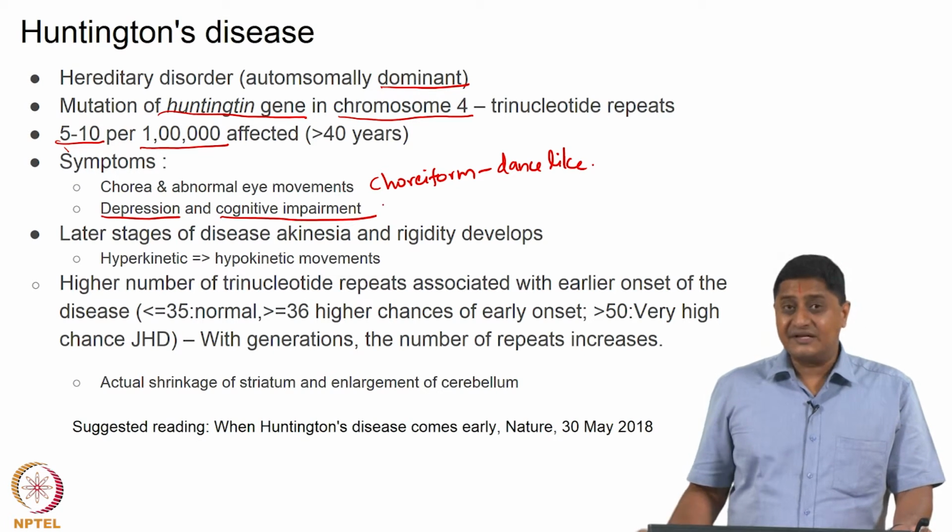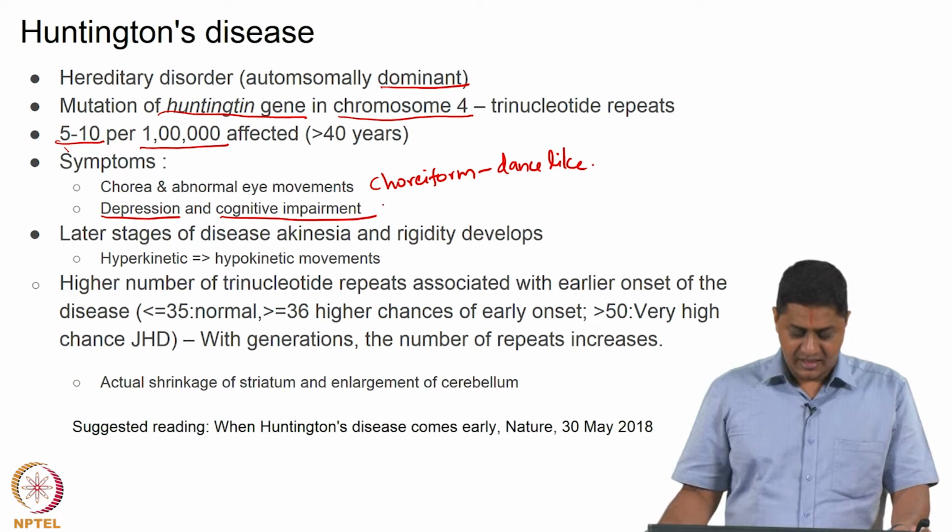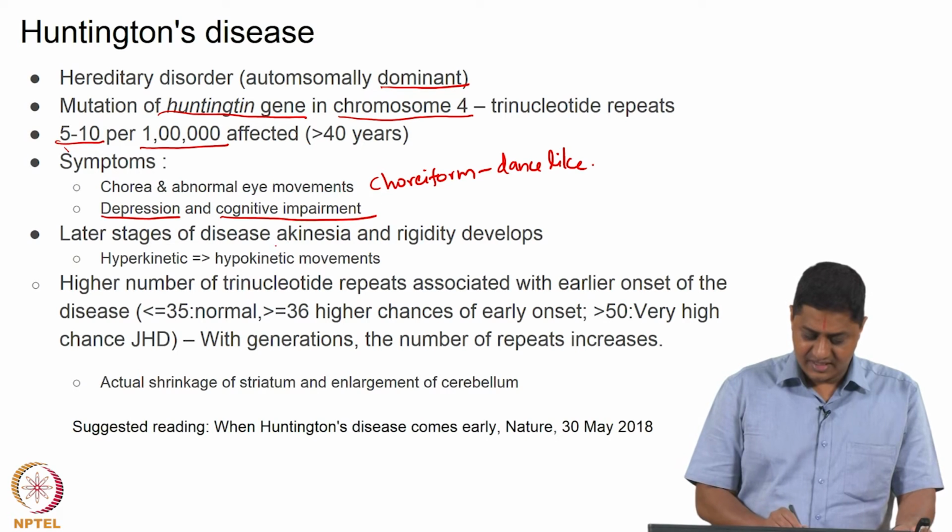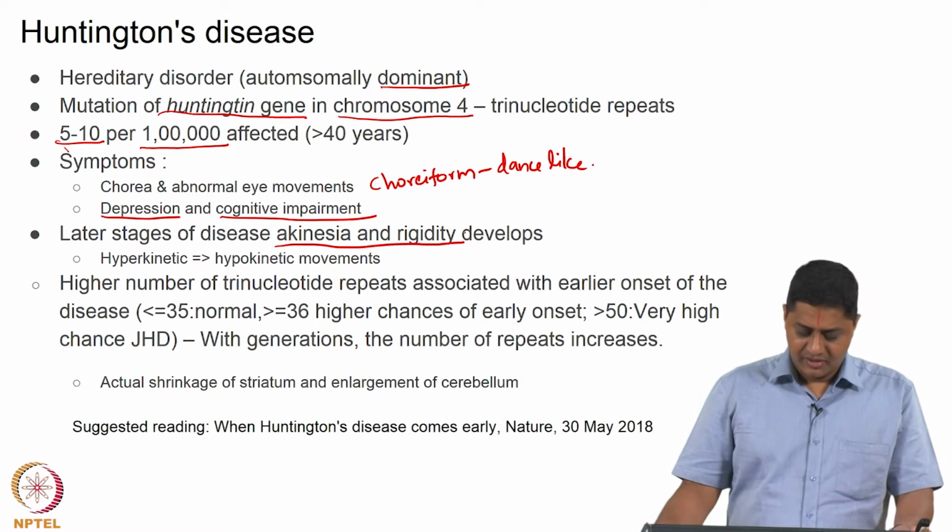And it turns out that in later stages of the disease, a hypokinetic form, a phenotype involving rigidity and akinesia, is developed, and that leads ultimately to death. Usually death happens after about 15 to 20 years after onset, right.